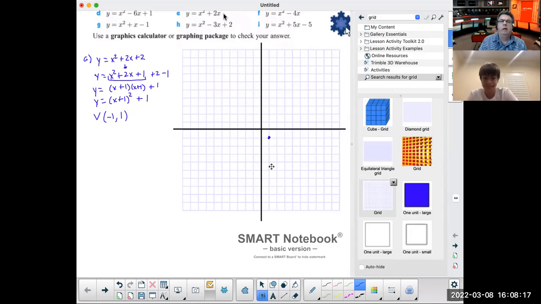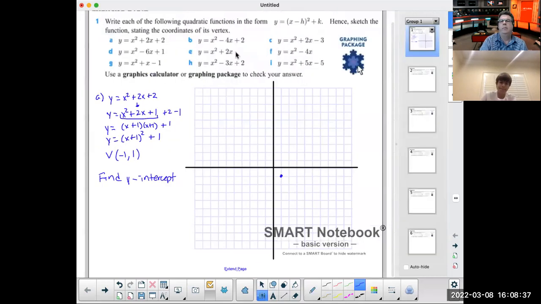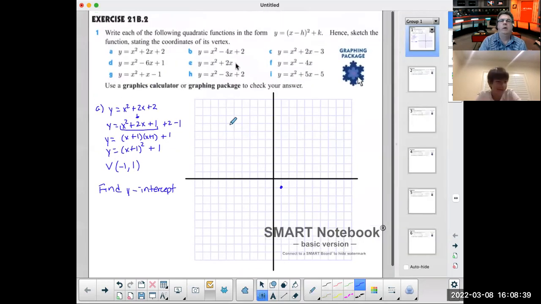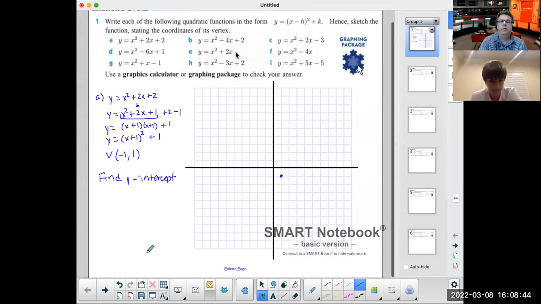Mhm. And so the other easiest thing to do is to find the y-intercept. How do we find the y-intercept? You remember? No. Okay, the y-intercept is on the y-axis, correct?